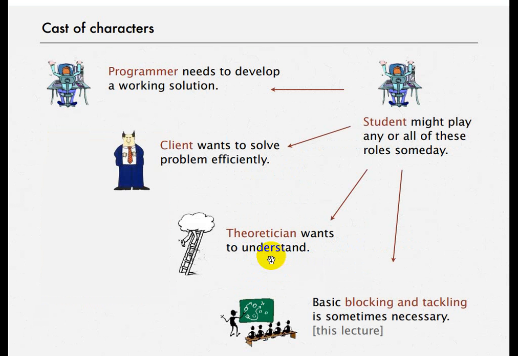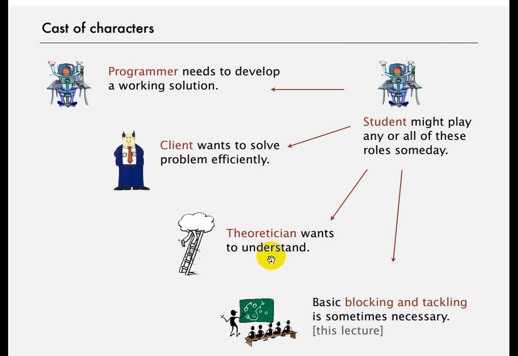Initially he talks about 4 different people who are involved when you think about a problem. First is the client, who just wants to get his or her problem solved. The programmer, who is going to be implementing the solution.